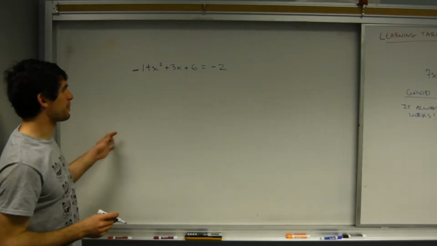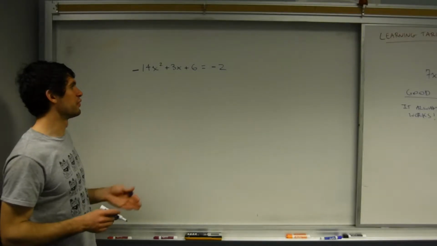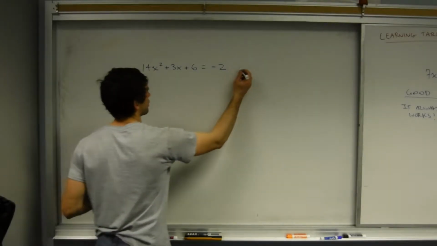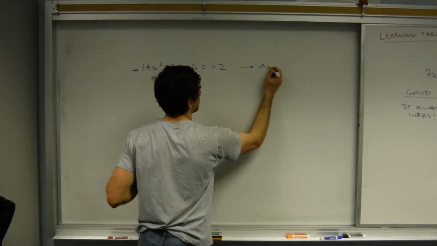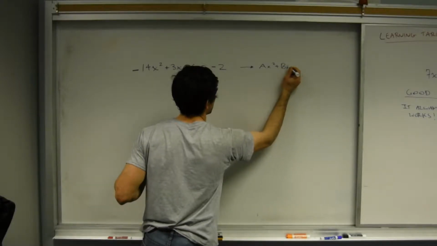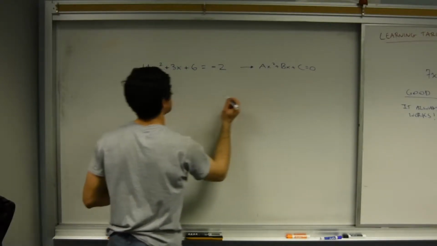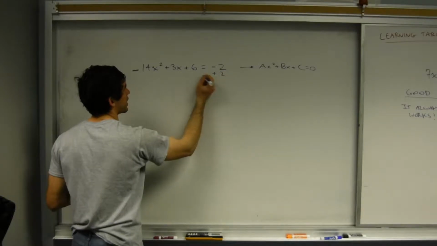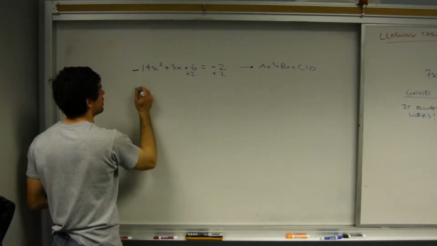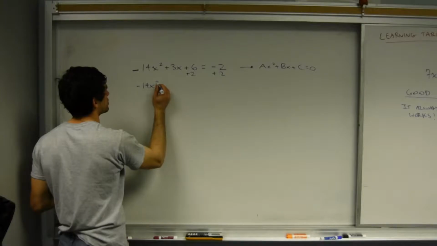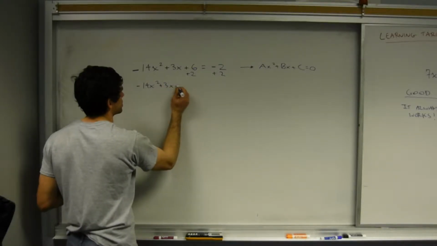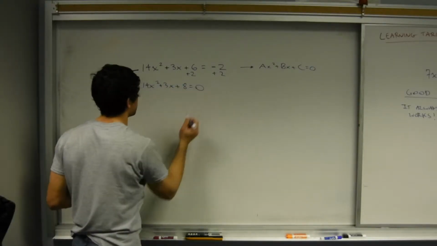So our first step is we want to put this into standard form, the form ax squared plus bx plus c is equal to 0. To do that, we're going to add 2 to each side. We get negative 14x squared plus 3x plus 8 is equal to 0.